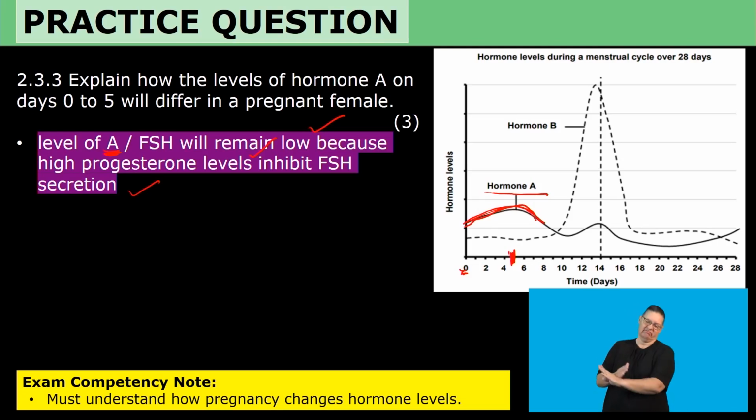This woman is now pregnant. We spoke about corpus luteum and placenta. They will now maintain pregnancy by maintaining the thickness of the endometrium. Therefore, if progesterone is at its peak, it means FSH, on the other hand, will be inhibited because we don't want a formation of new follicles.